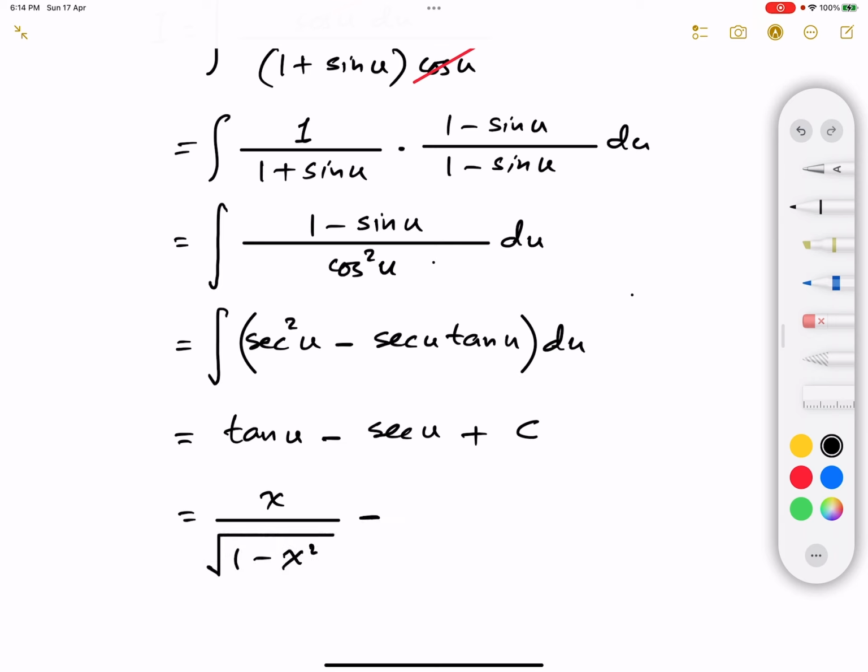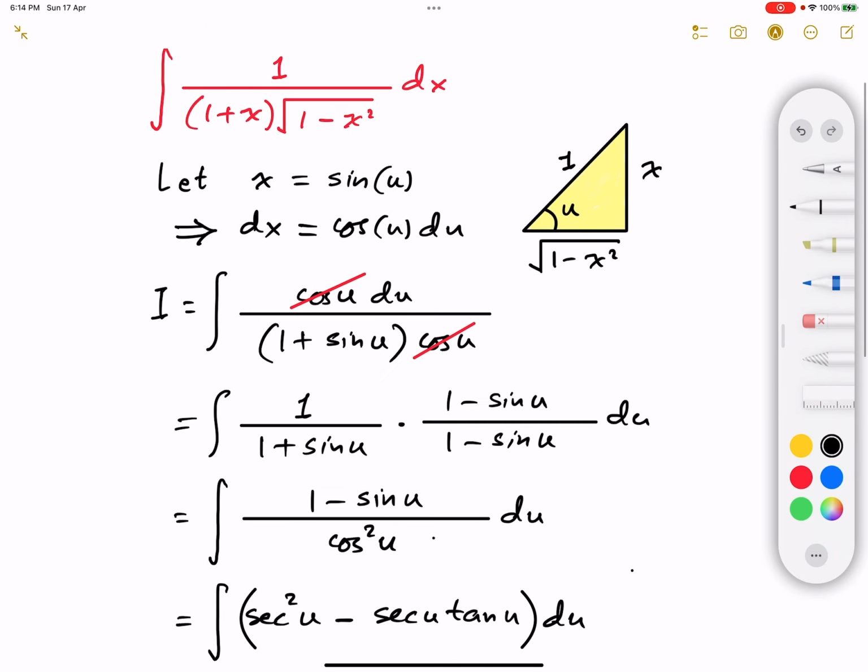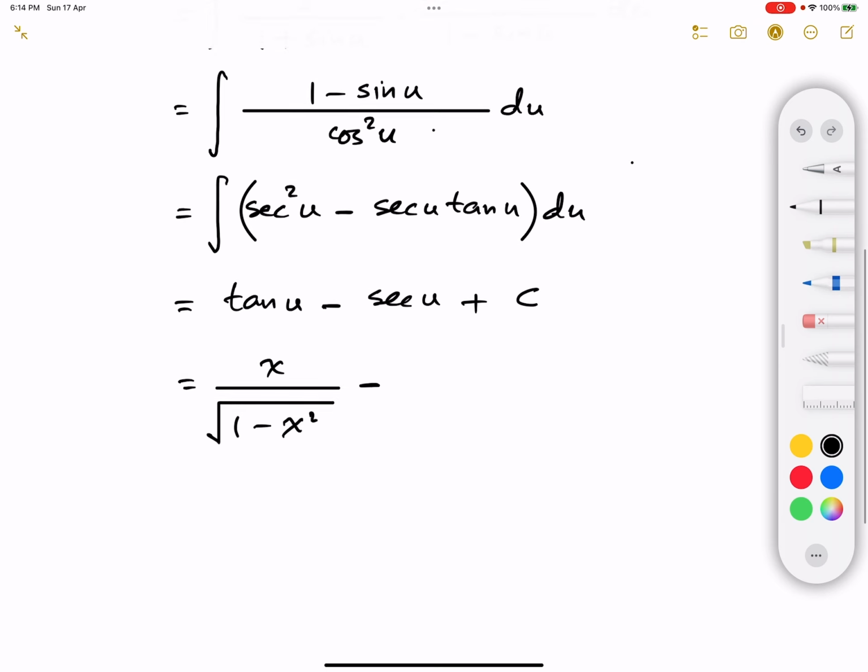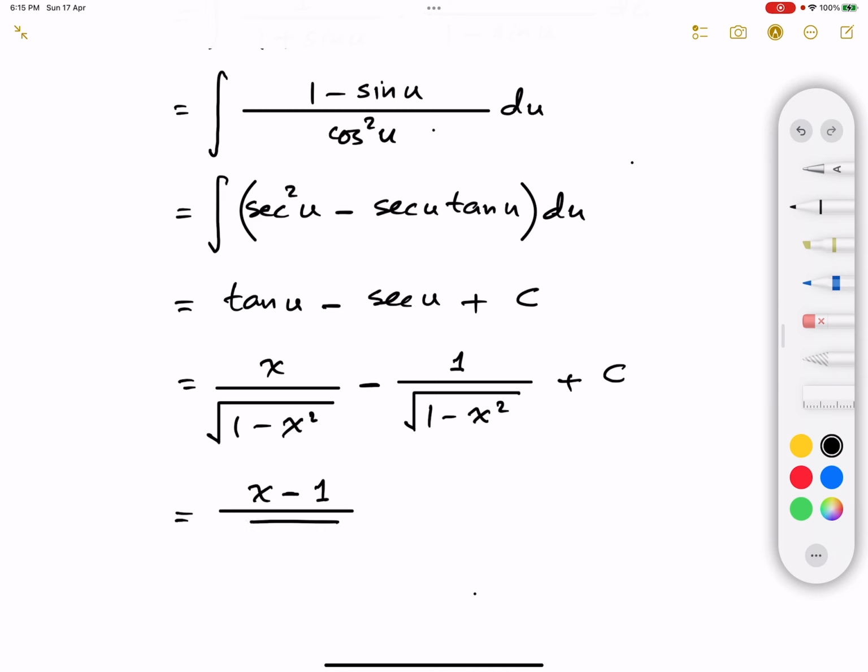And secant u is 1 over cosine, which is 1 over the square root of 1 minus x squared, and of course the integration constant c. This can be merged together like this: x minus 1 divided by the square root of 1 minus x squared, plus c.